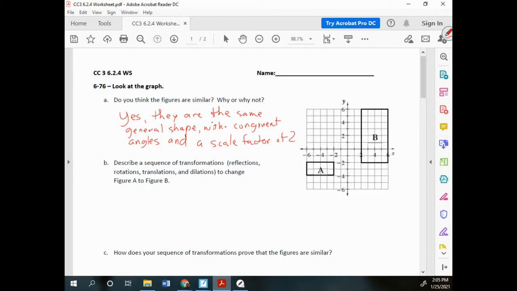Because if you notice, all these sides, like this side here, matches up with this side, and this is 2, this is 4, this is 4, this is 8. So all the sides seem to have been multiplied by 2, okay? So the scale factor is 2.